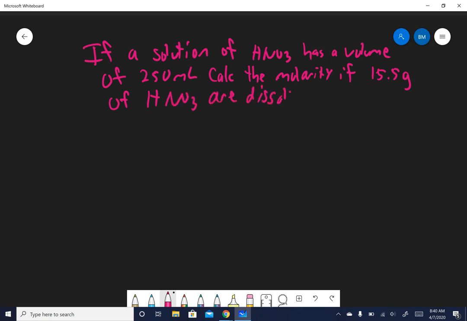Now this is a bad one from a chemistry perspective because HNO3 is an acid and it's a solution, but that's fine, whatever. I wrote it, so I'll go with it.